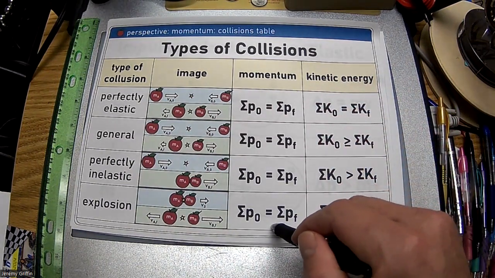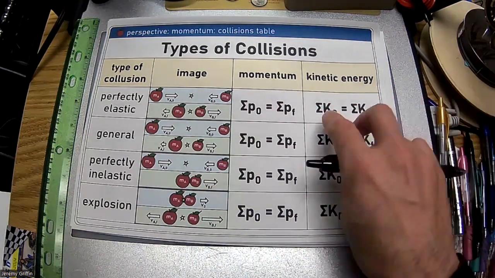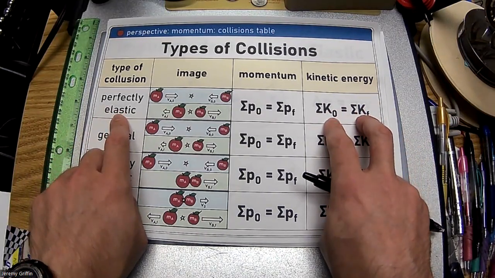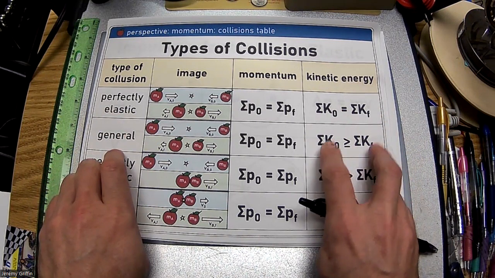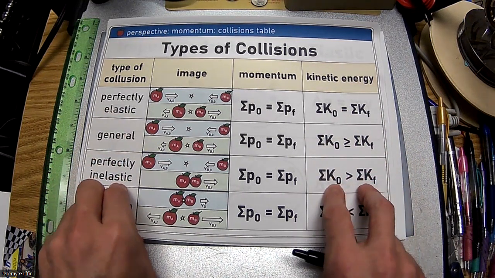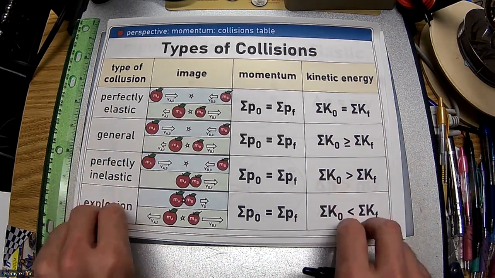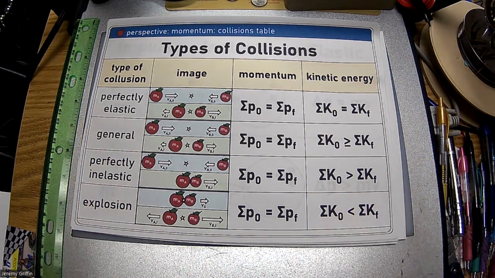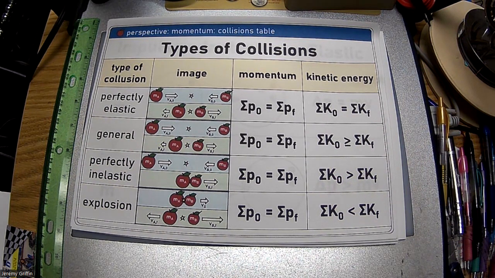But kinetic energy is a different story. Perfectly bouncy, kinetic energy conserved. In general, it goes down. For perfectly inelastic, it has to go down. And for an explosion, it'll increase. But again, it comes from somewhere. You guys are saying, maybe like a chemical reaction explosion comes from. All right, guys, good.